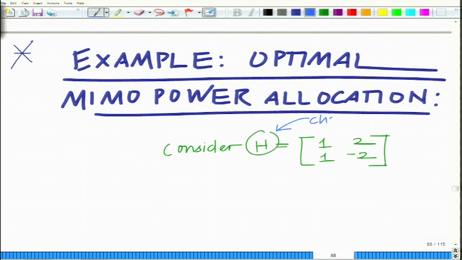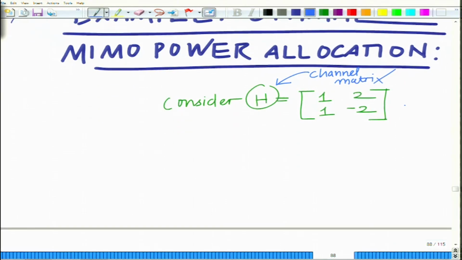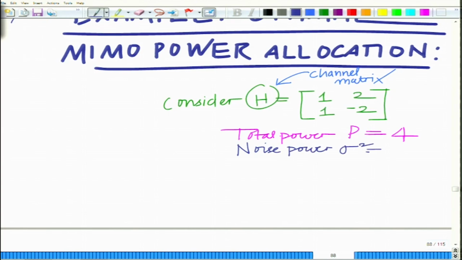This is your MIMO channel matrix, and let us say we have a total power P equal to 4 and noise power sigma square equal to 2, and we have to come up with the optimal power allocation.